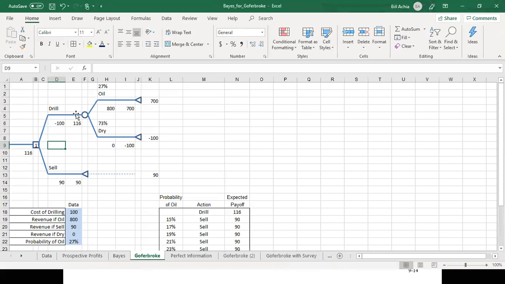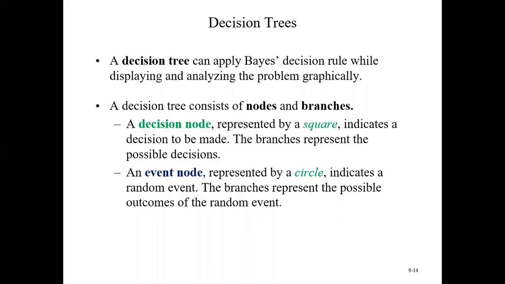If we decide to drill, now we go to our next level, and that's the event, okay? So an event node basically describes something that usually involves a probability. The decision to either drill or sell doesn't really involve a probability. It's subjective to the person making this decision.